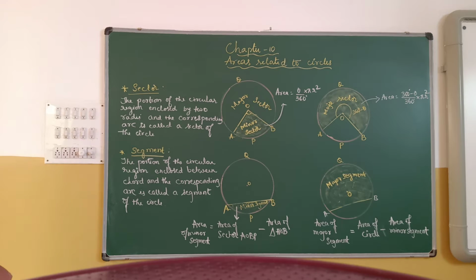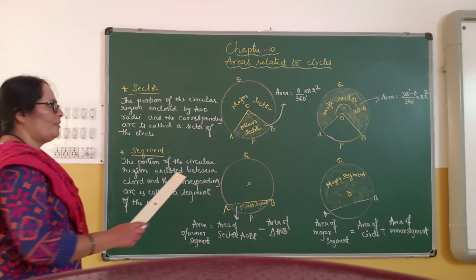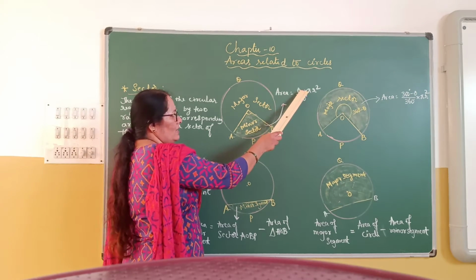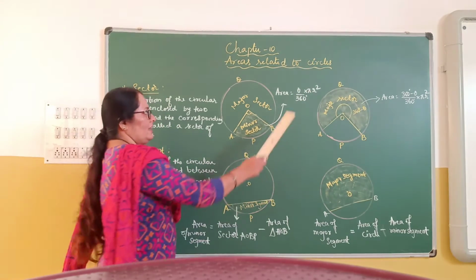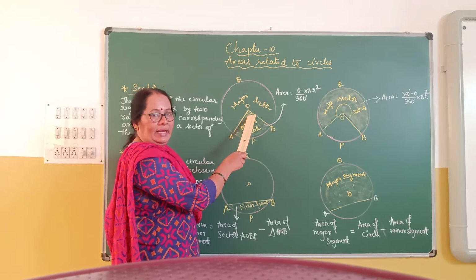Now, how can we find the area of a sector and the area of a segment? For the area of a sector, the formula is area of sector equals theta by 360 into pi r square, where theta is the angle between the two radii.